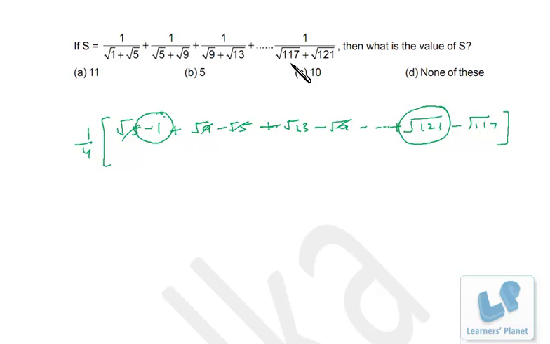So root 117 might have been positive, so here it's negative, so even it will be cancelled, right? So it's 1 upon 4. Square root of 121 is 11, and 11 minus 1 is 10. So precisely 10 by 4, 5 by 2. Okay, so that is none of these over here. I hope you are clear.